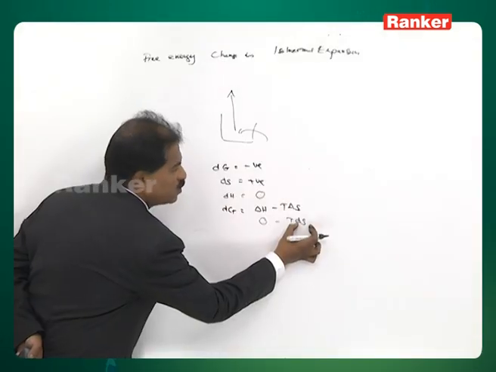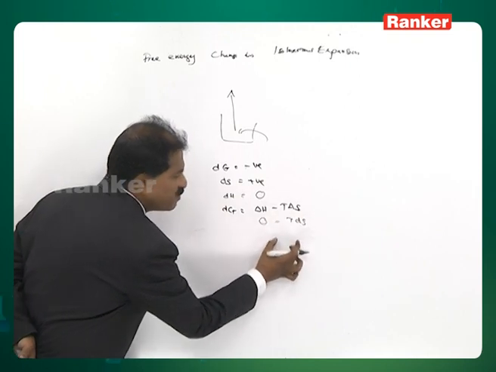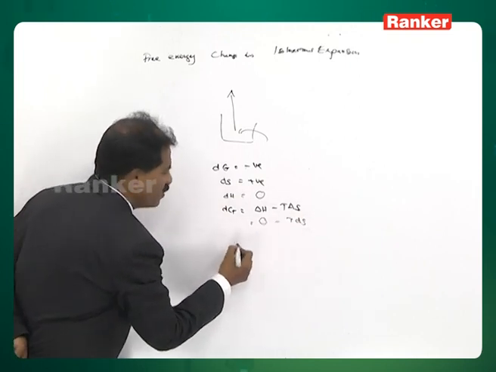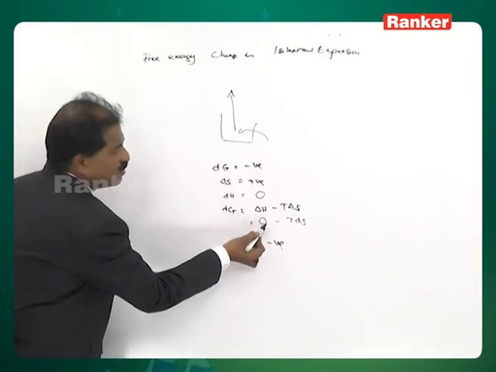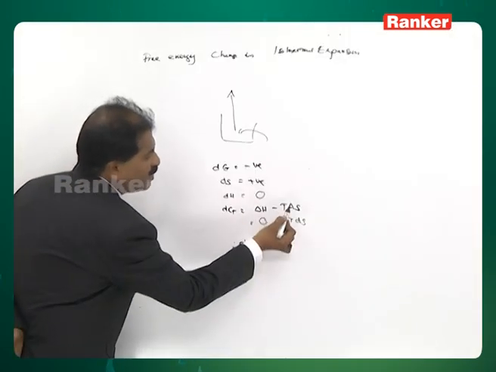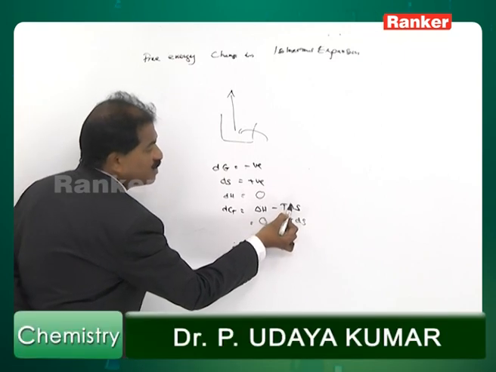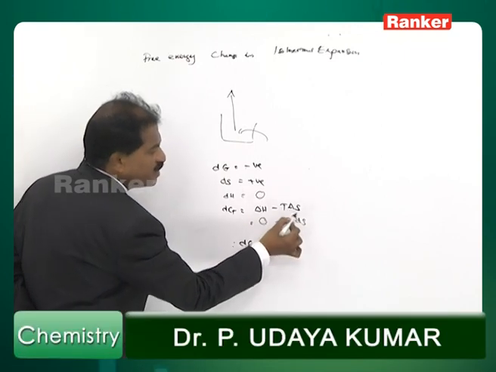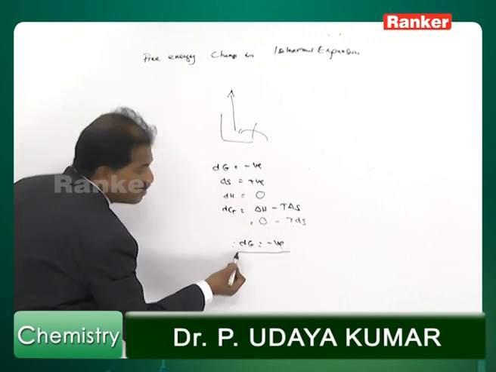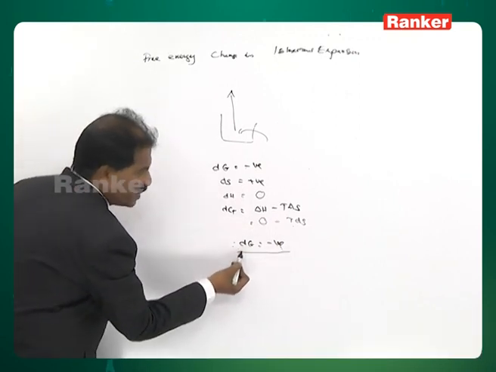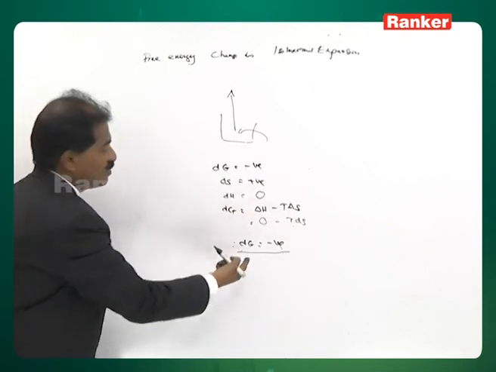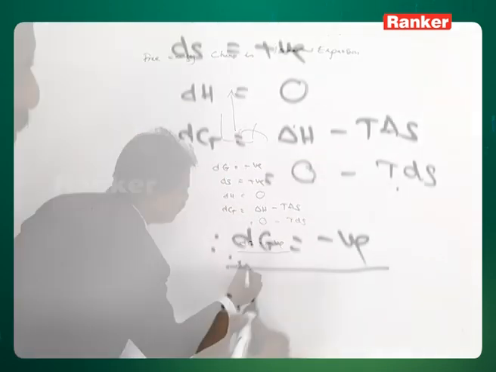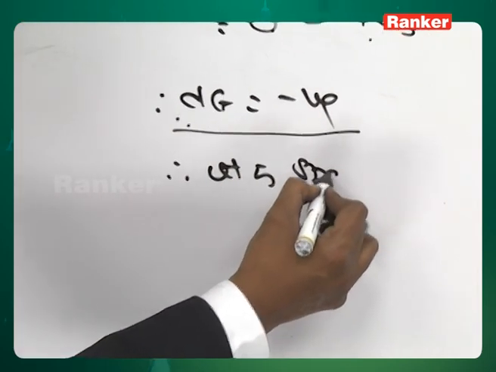Since TdS is positive, inside the expression it becomes negative. Because when del H is equal to 0, del G is equal to minus TdS. Therefore, del G is negative. Since del G is negative, we can demonstrate that the expansion process is spontaneous.